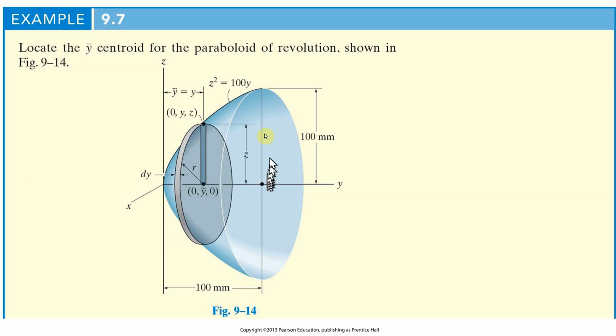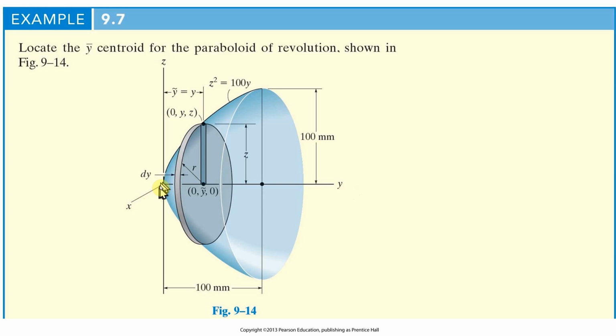Now, it's a mirror image around the z-axis, or the YZ plane, so that means the centroid has to be at x equals 0. It also is a mirror image around the XY plane, which means the z component of the centroid is also 0.